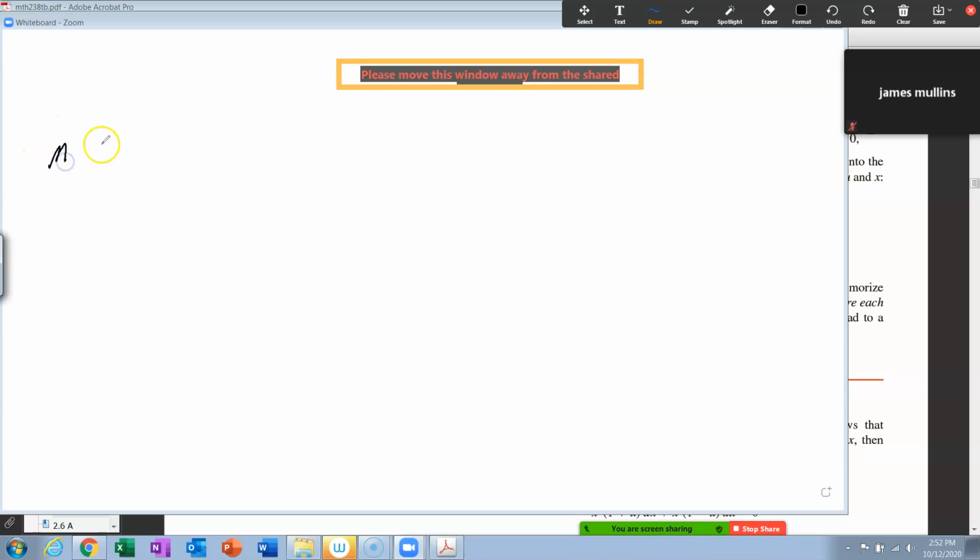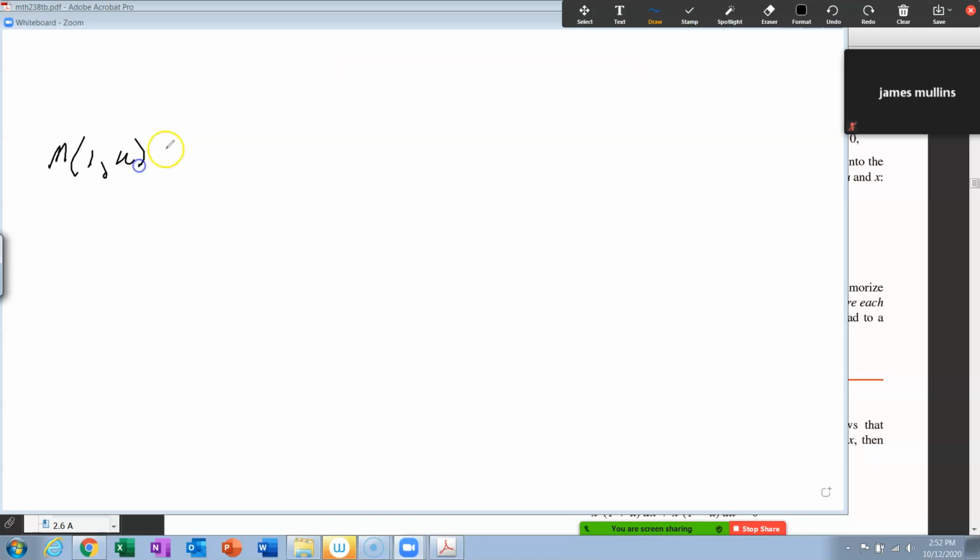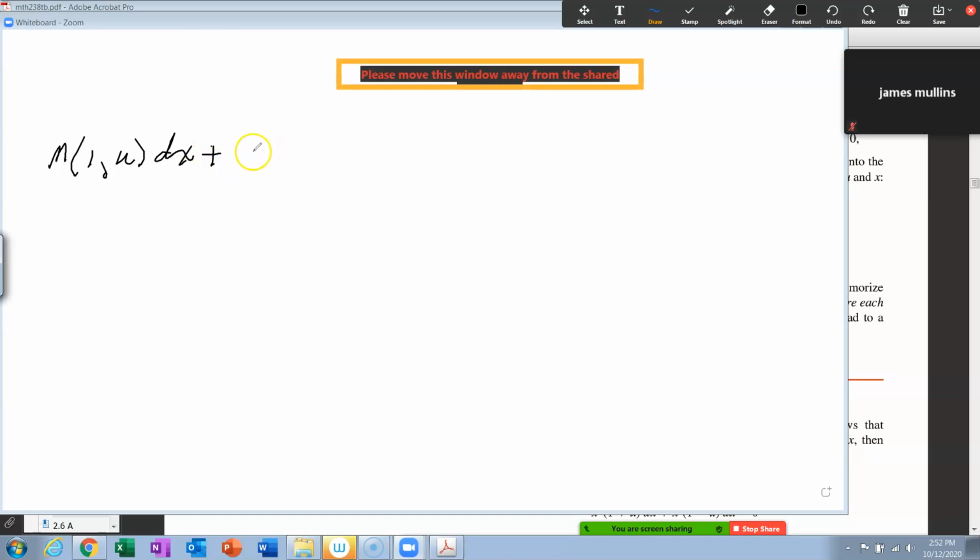Here you have m, which is now a function of 1 and u, times dx, plus n, which is now a function of 1 and u, dy, is equal to 0.